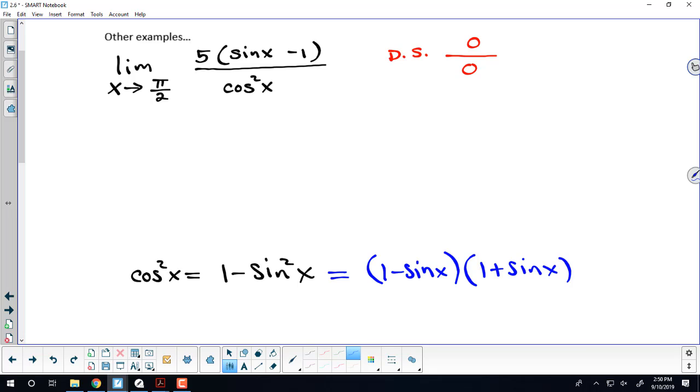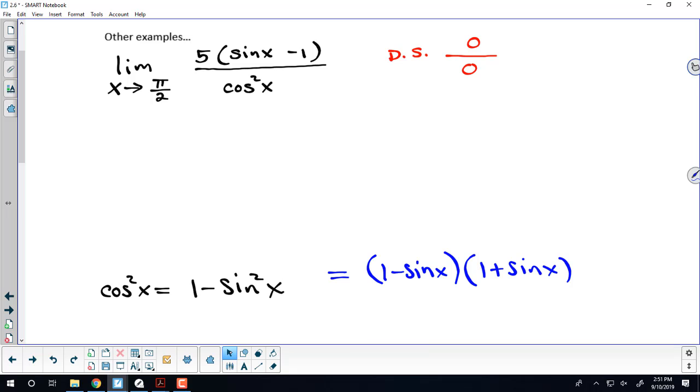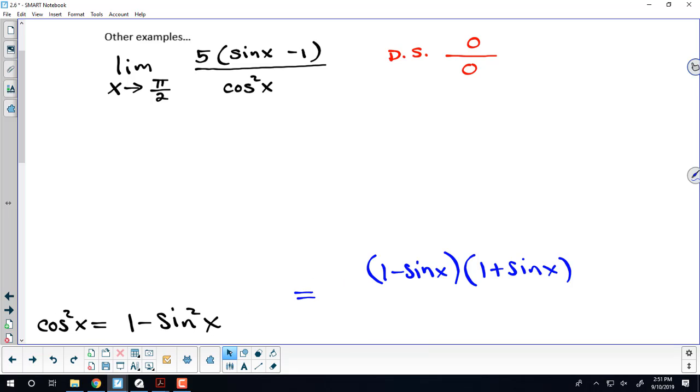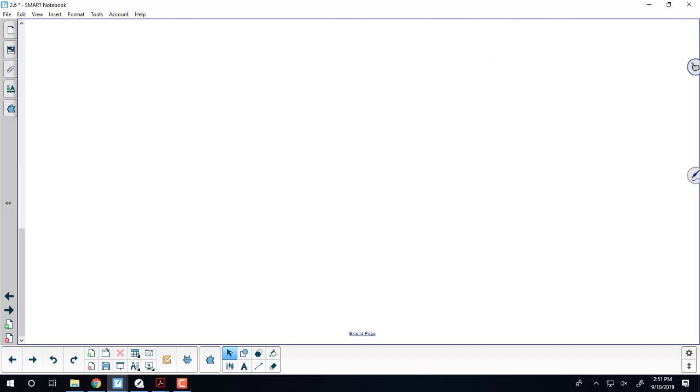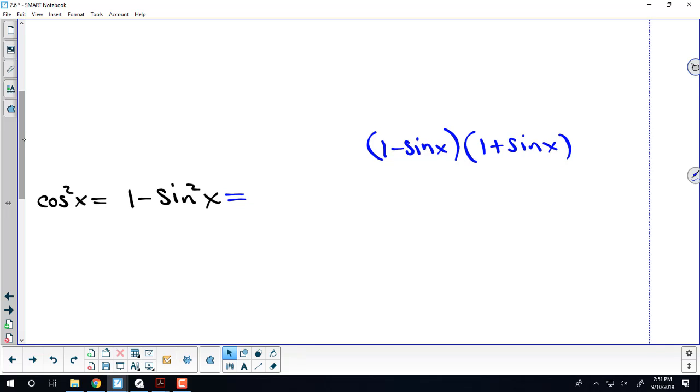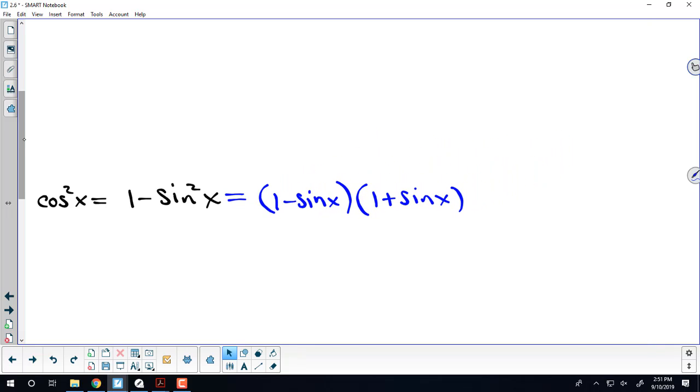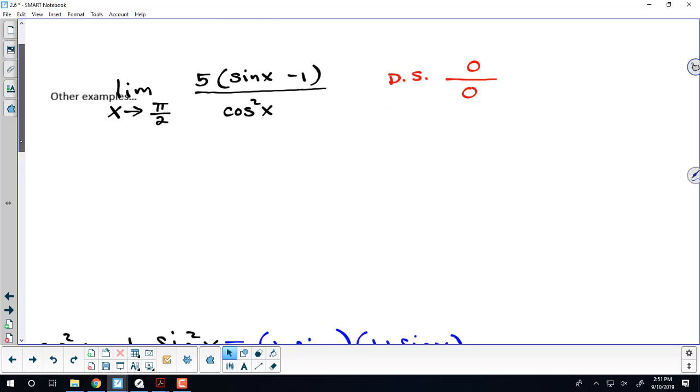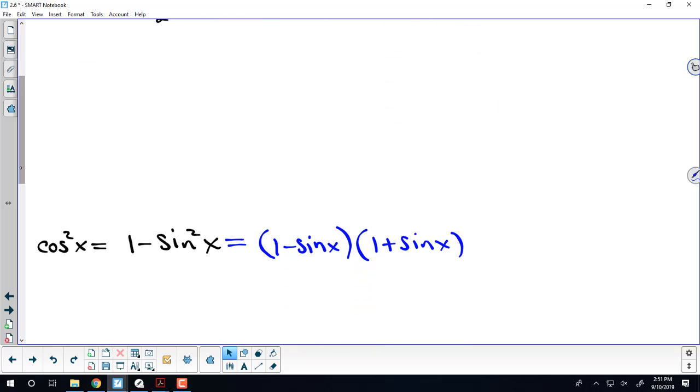If we put that in place of cosine squared, we see there's potential to evaluate this limit by canceling factors out. We have sine x minus 1 on top, and one of these factors here. But they aren't exactly the same. How do they differ? The numerator is sine x minus 1, and this one is 1 minus sine x.